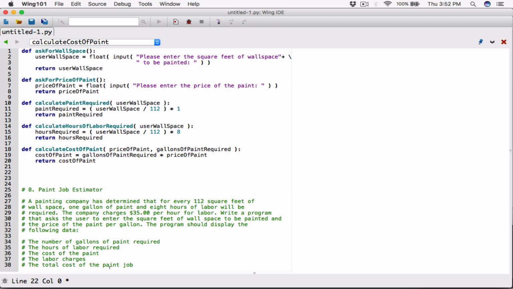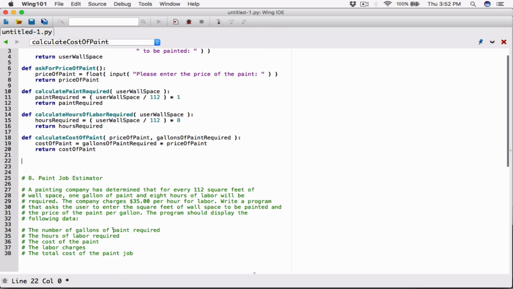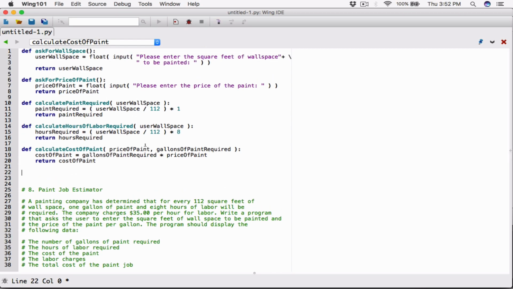Now let's calculate the labor charges. The question said the company charges $35 per hour for labor. Very simple. Remember, we were calculating the hours of labor required over here.